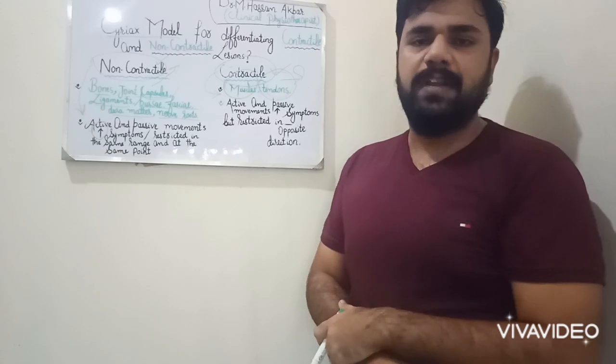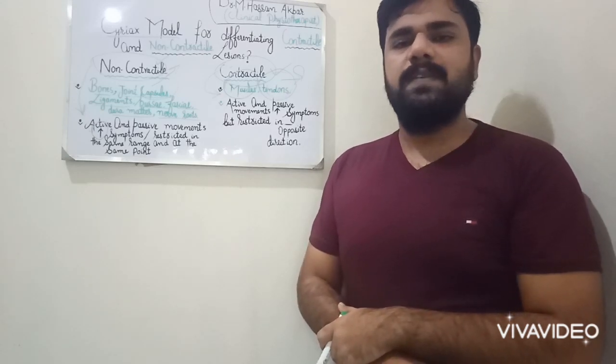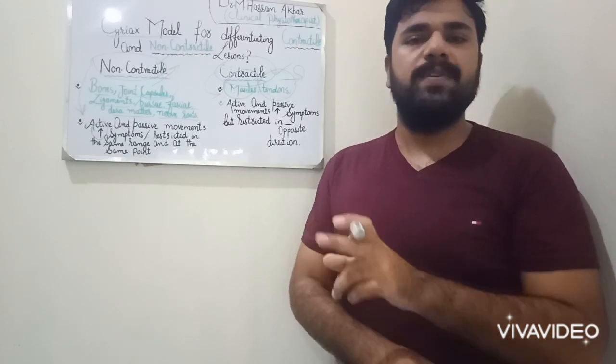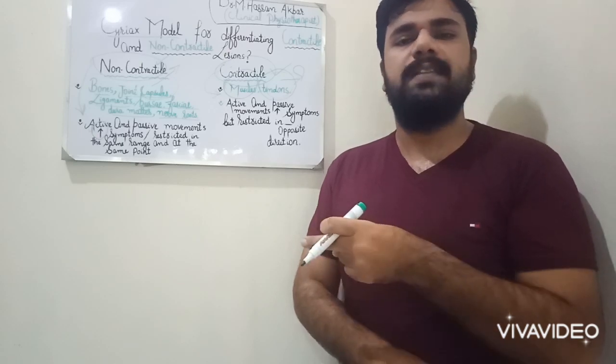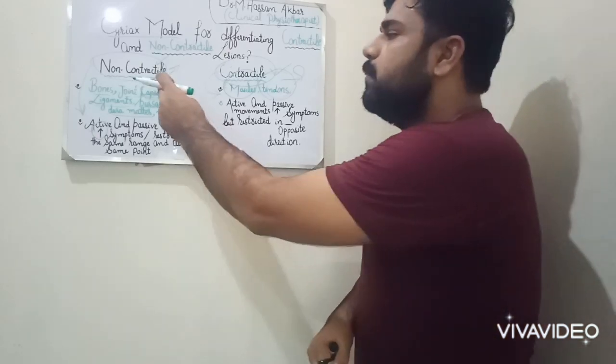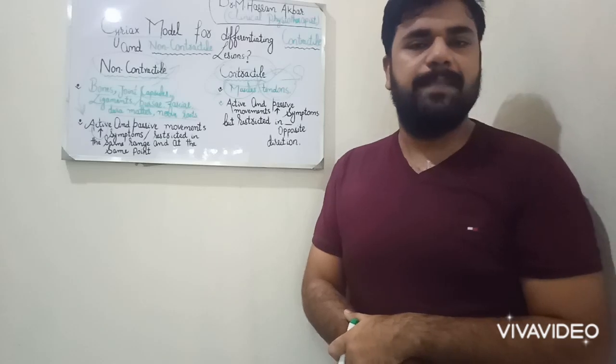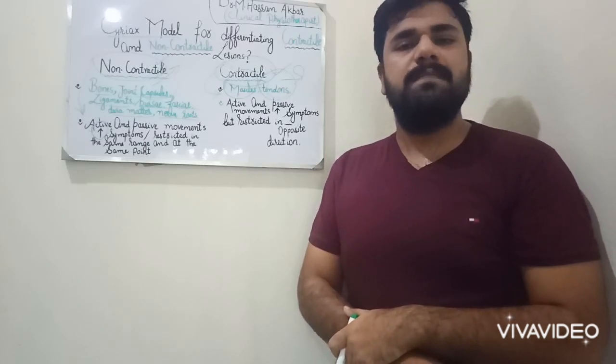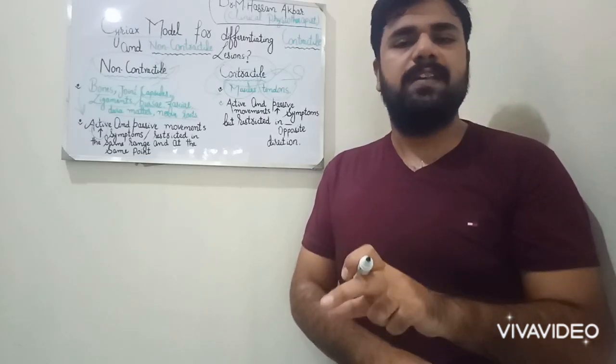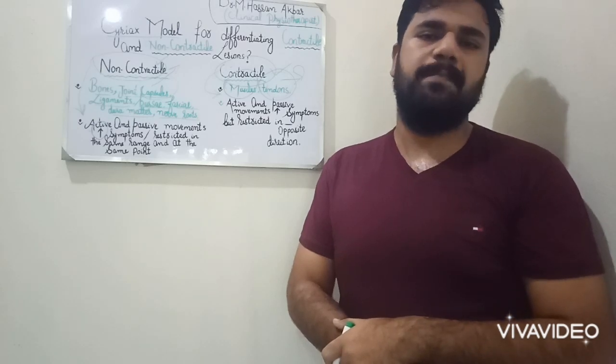In the case of the rotator cuff, active and passive movements are restricted in the opposite direction but painful at the same point. But in the case of non-contractile like adhesive capsulitis, active and passive movements both are restricted at the same point and at the same range.